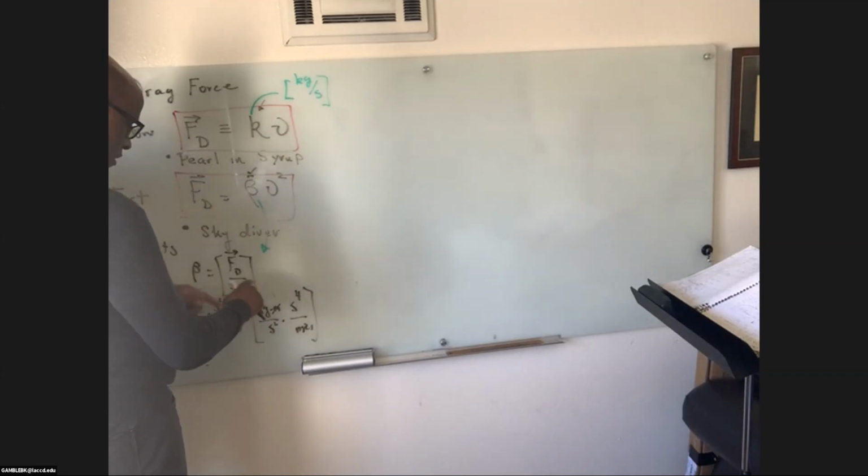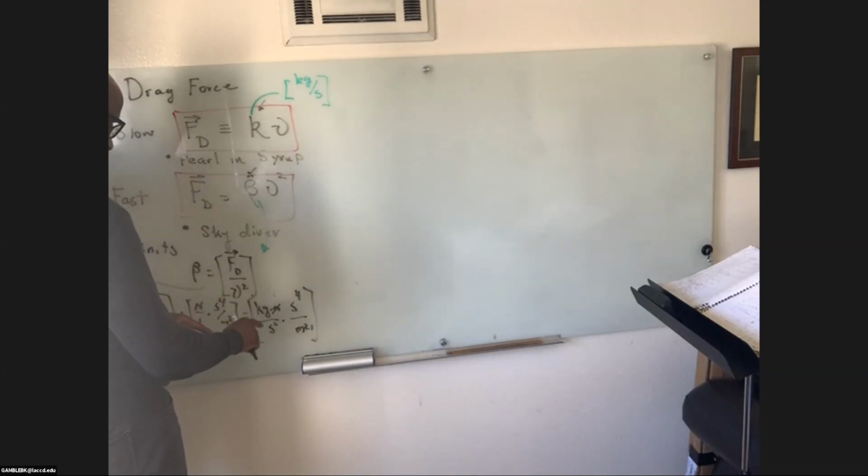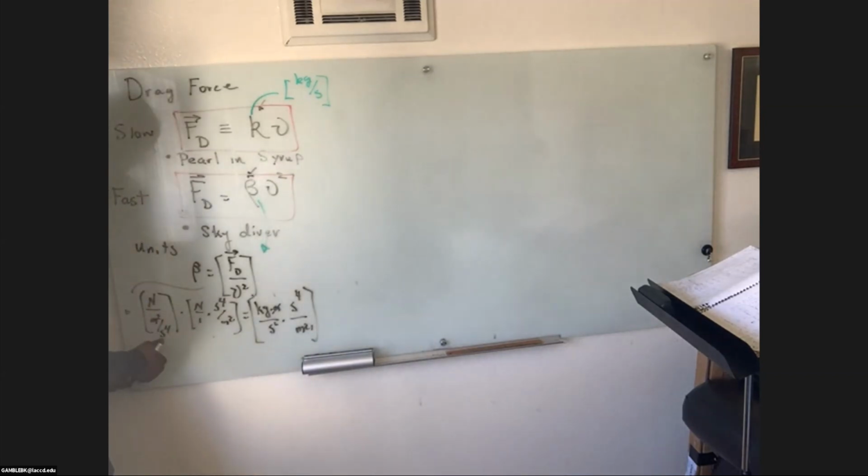So this should have been meters squared per second squared, right? Because I'm squaring velocity. Velocity is meter per second, so meters squared per second squared. So that's second squared over meter squared.